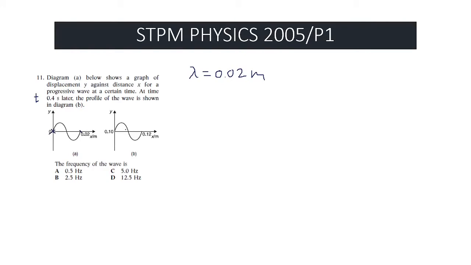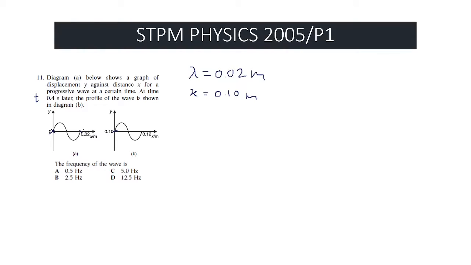0, start from 0, then end up with 0.10. So this is the distance traveled, which equals 0.10 meter. And you can take other reference points if you know what you are doing.